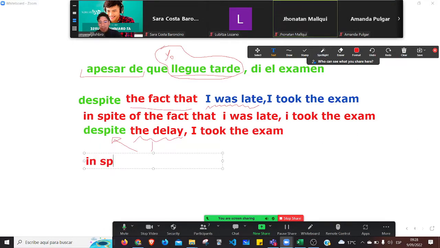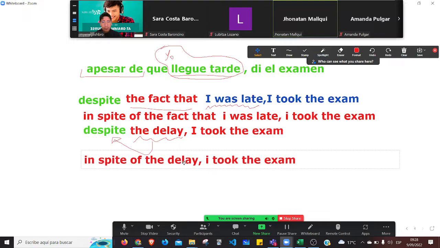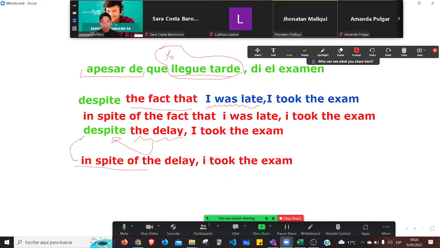And also you can say, in spite of the delay, I took the exam. So it's the same. Any questions? Teacher, in spite, ¿qué vendría a ser? It's the same. Synonym. In spite of es lo mismo que despite. Pero recuerda que in spite trabaja con of, pero despite no tiene nada. Okay? So despite the delay, in spite of the delay. Easy peasy.